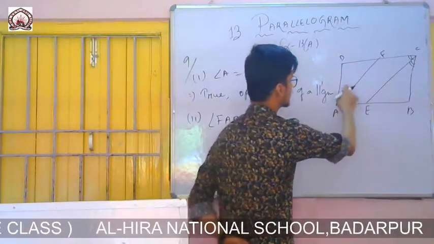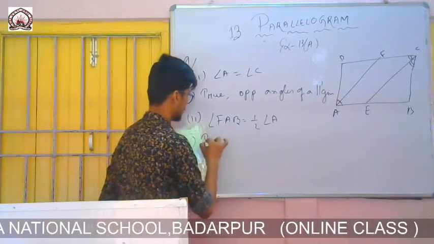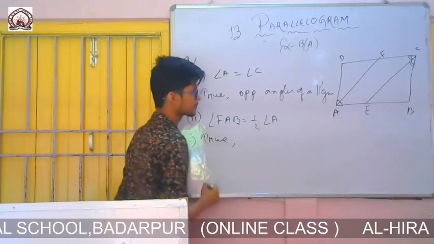If this one is 30, then this one will also be 30. So I can write the answer is true.